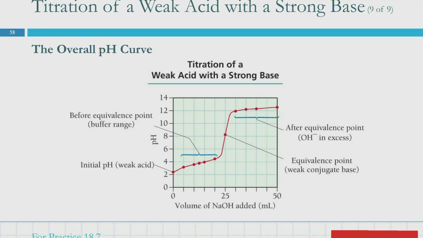This is typically what a titration of a weak acid with a strong base would look like if you plotted out the data points. You'll get a little bit of wiggle in terms of where this equivalence point is left and right, depending on how concentrated it is. The equivalence point is also going to move up or down a little bit, depending on the weak acid that you're using. The weaker the acid, the stronger the conjugate base. The stronger the conjugate base, the higher this equivalence point is going to move.